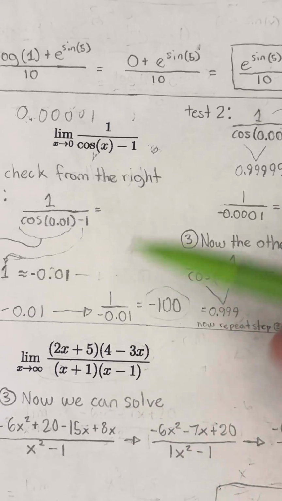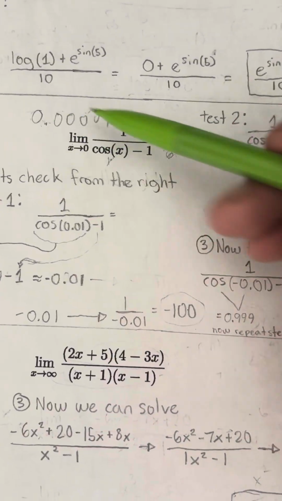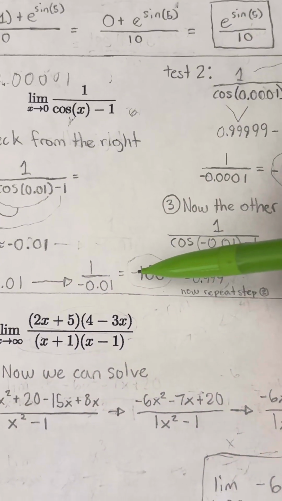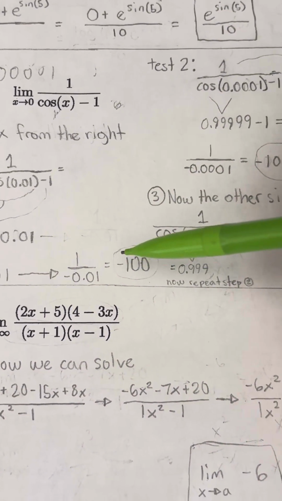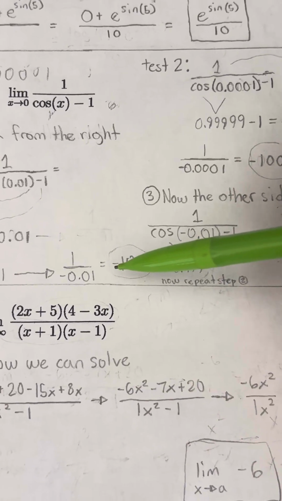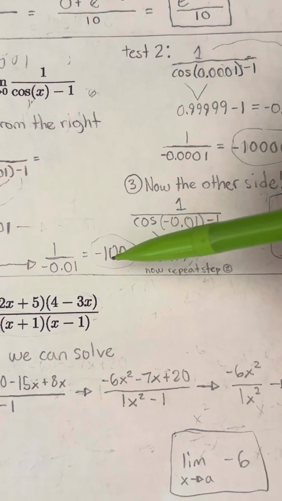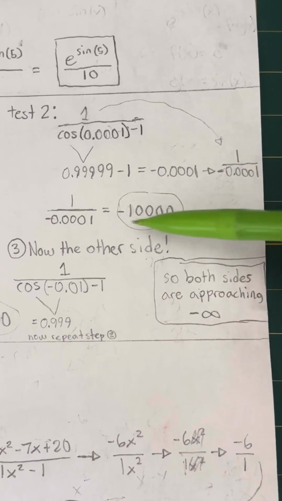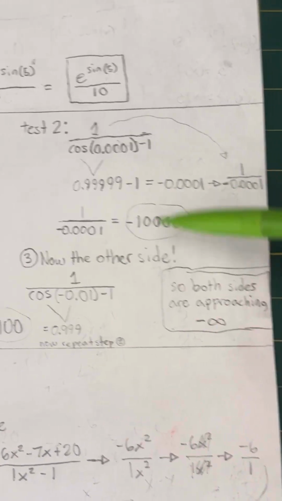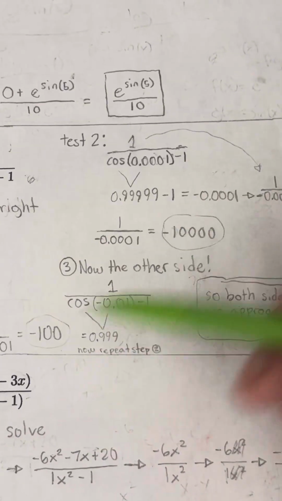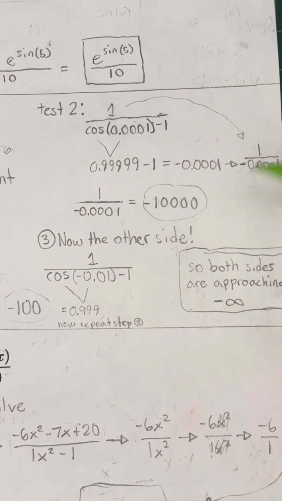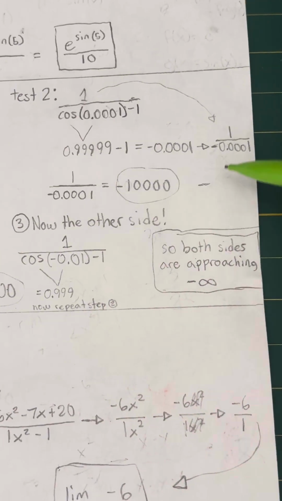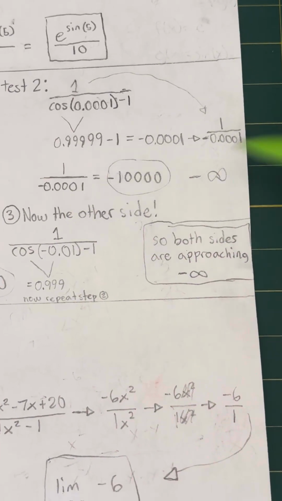As this number is getting really close to 0, we're increasing in negatives. We're getting negative 100 and then negative 10,000, I think. I'm not sure exactly, but you get what I'm saying. So we keep going, and we could assume that this is going all the way to negative infinity.